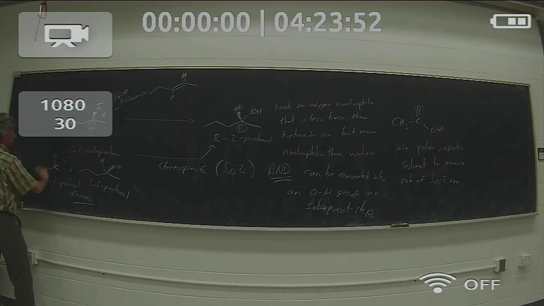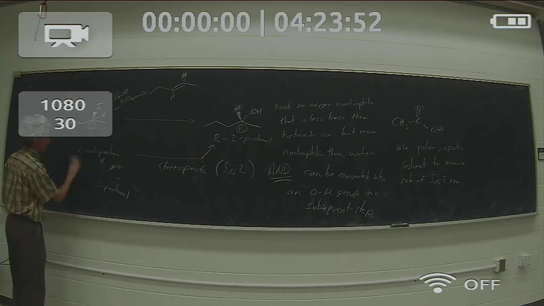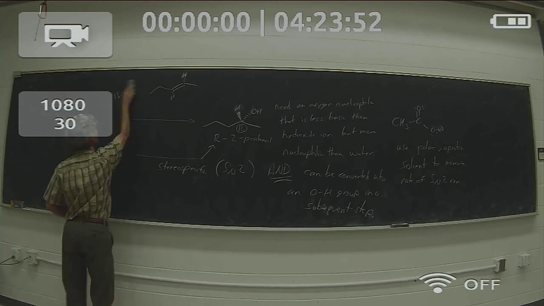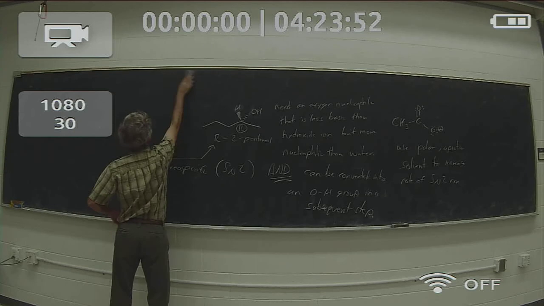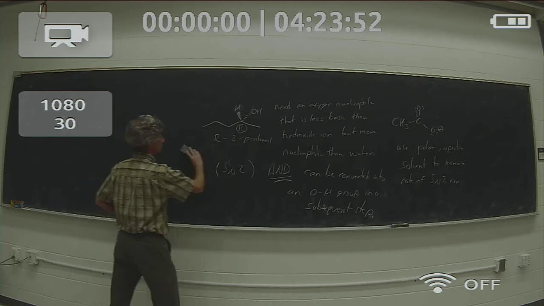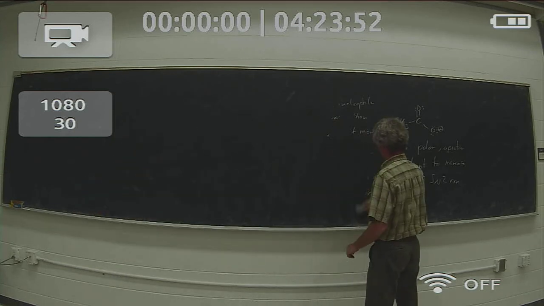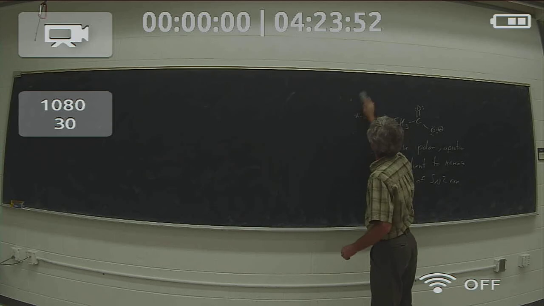So the reaction conditions for the first step, which will actually not make the alcohol, it will make the acetate, are to use acetate in a polar aprotic solvent like DMF or DMSO.